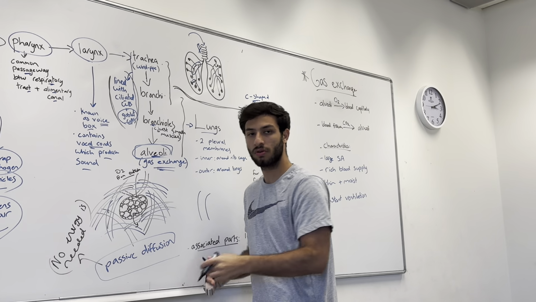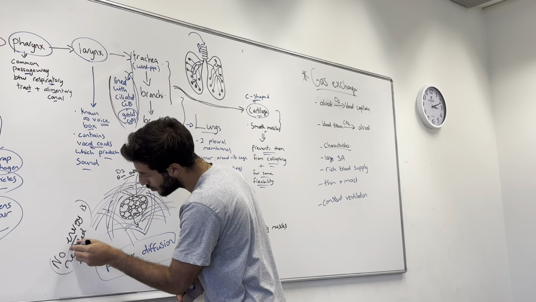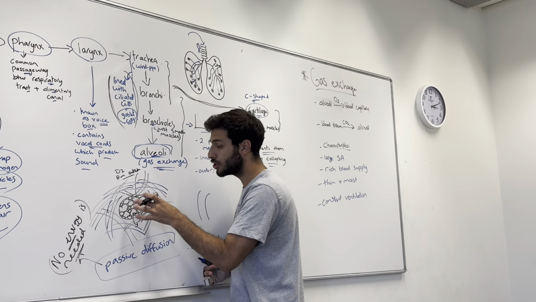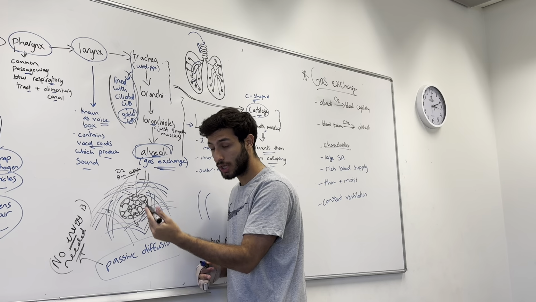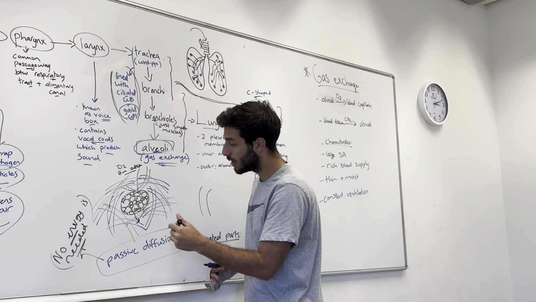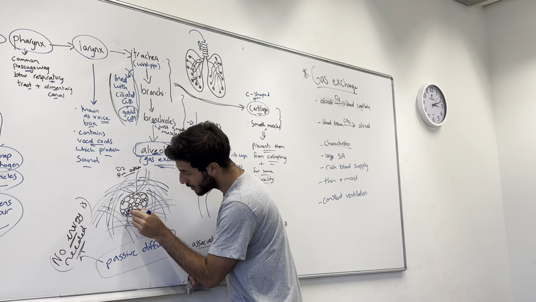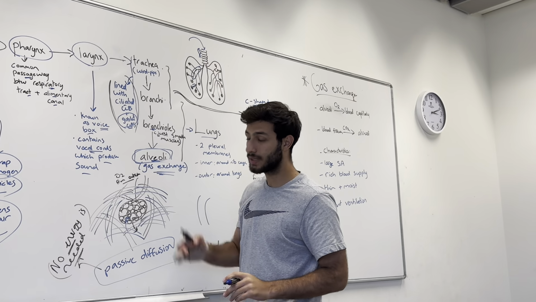Passive diffusion goes from high concentration to low concentration, and that is why no energy is needed for it to occur. So we have a high concentration of O2 in our alveoli, and they're going to exchange with the blood capillaries. They're going to give the blood capillaries O2, and what will they take from the blood capillaries? The blood capillaries will give them CO2, and this CO2 will be excreted outside.